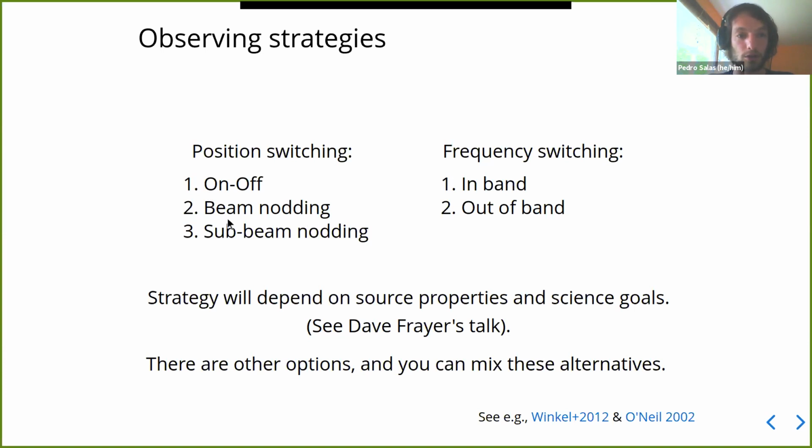You can also just move the beam by moving the subreflector, and you can do it basically away from the beam itself or within the beam itself if your source is small enough.